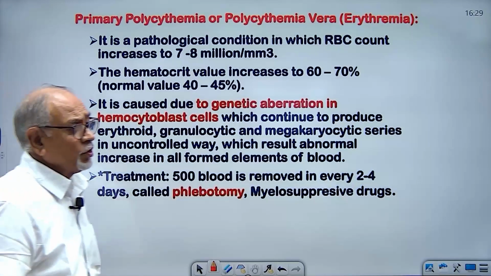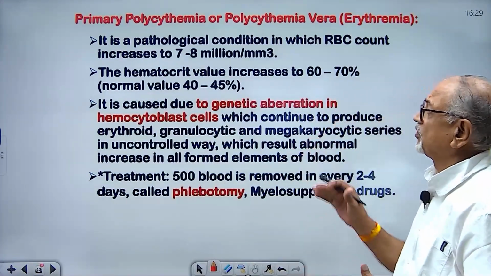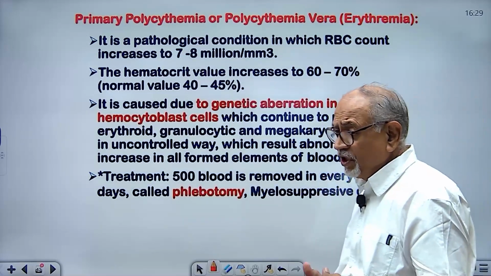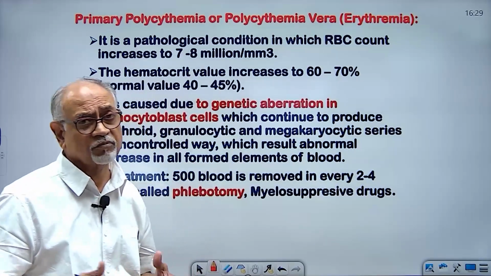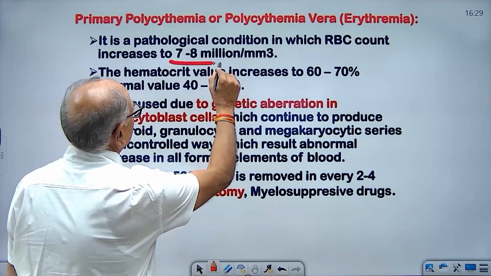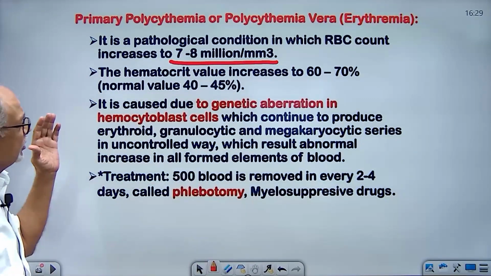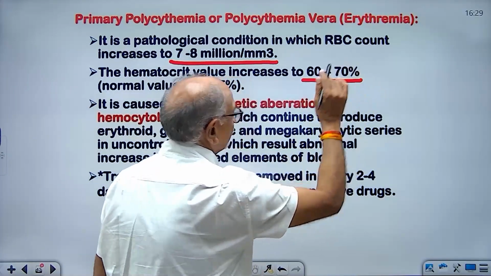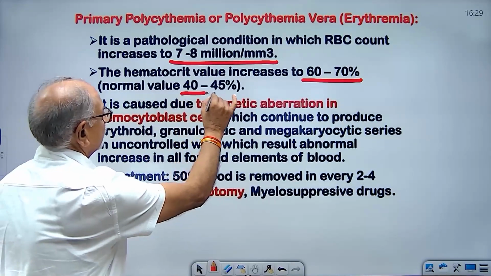The primary polycythemia, also called polycythemia vera, is a serious pathological condition in which the RBC count increases from 5 million per cubic millimeter to 7 to 8 million per cubic millimeter, and the hematocrit value increases to 60 to 70% as compared to the normal value of 40 to 45%.